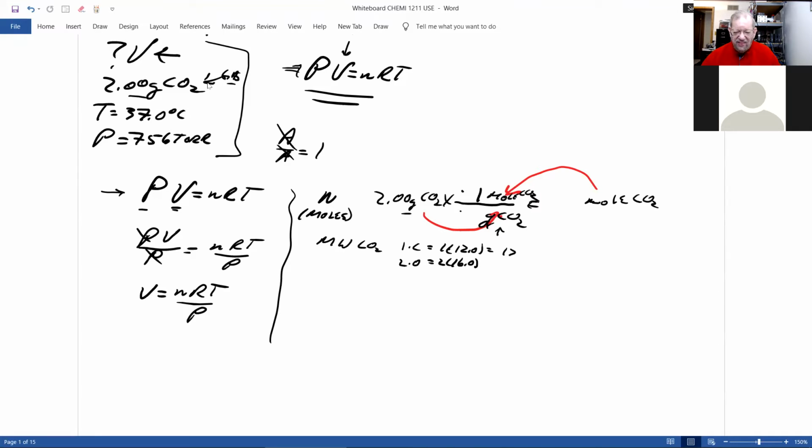Do the math. Add them together. And notice when you do an addition, you get the same number of significant figures to the right of the decimal that the number that has the fewest significant figures to the right has.